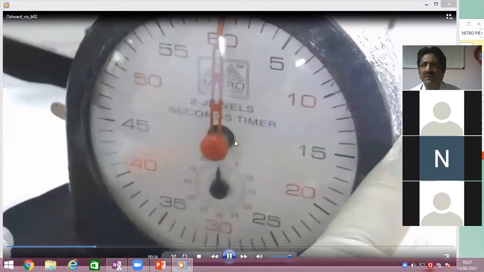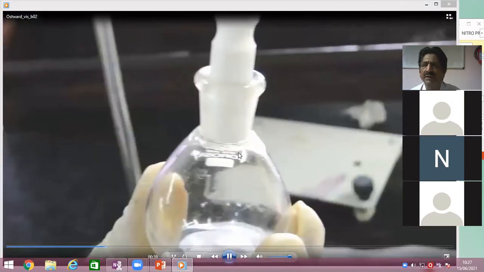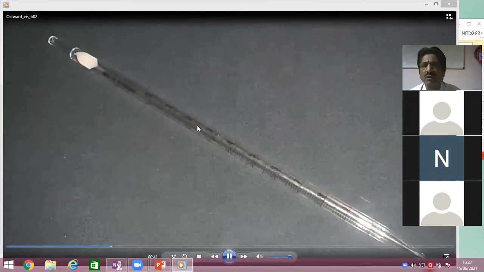Here we can see what apparatus we require. We require the viscometer, the stopwatch, the liquid, the specific gravity bottle, pipette, and the balance.